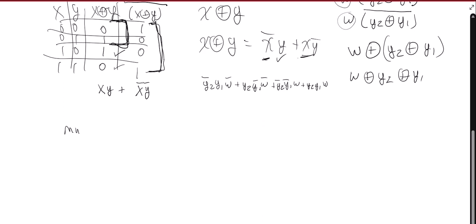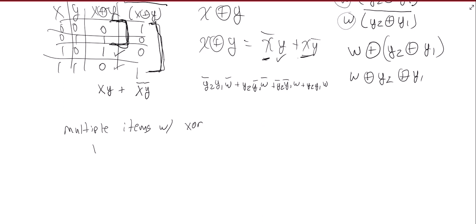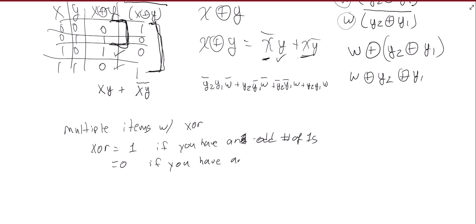If you have multiple items with exclusive OR, the exclusive OR equals 1 if you have an odd number of 1s, and it equals 0 if you have an even number of 1s.